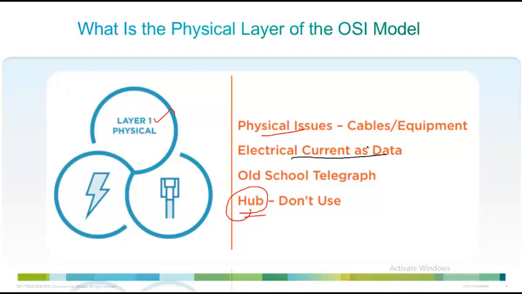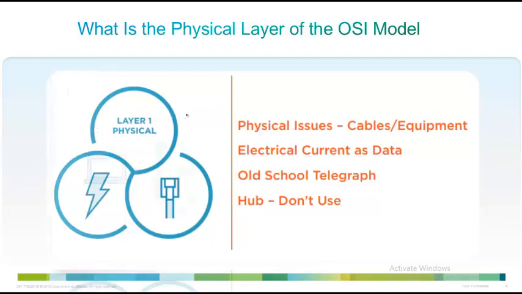And there are various devices in the network which help us to communicate. One of the devices is called a hub. Hub works in layer 1, the physical layer.